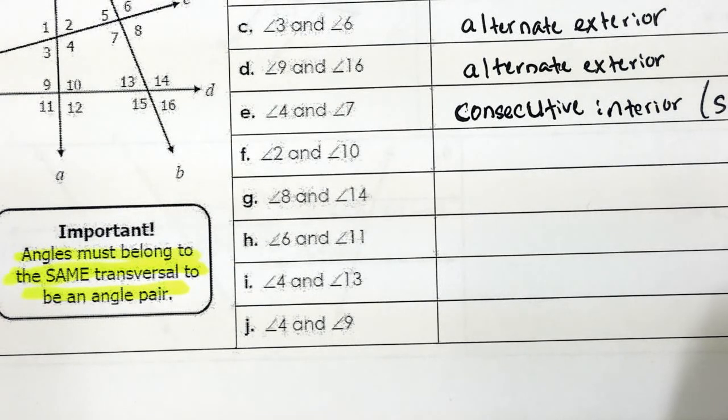So stay tight. I'm going to come back. Who is that up front? I can't see everybody. Vince. Angle 2 and angle 10. Jorge, angle 2 and angle 10.